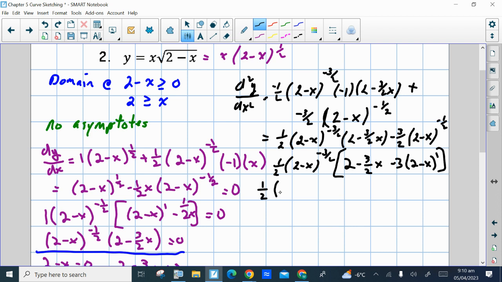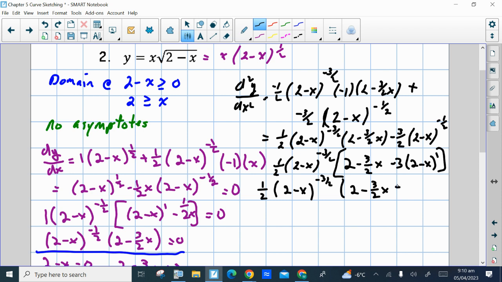So this gives us 1/2 bracket 2 minus x to the negative 3/2 bracket 2 minus 3. Actually, I got to multiply out those brackets first.